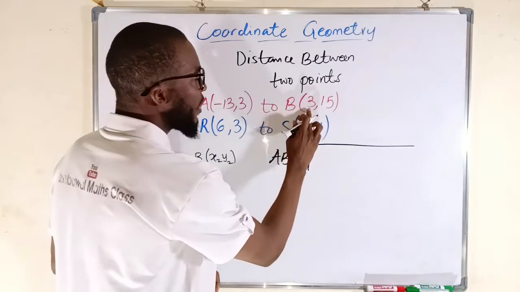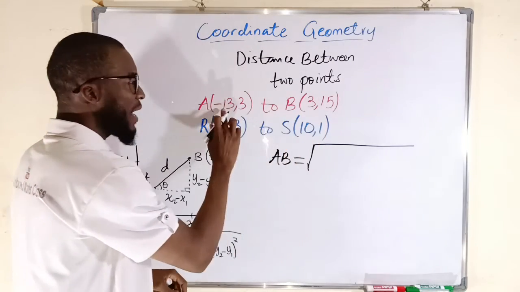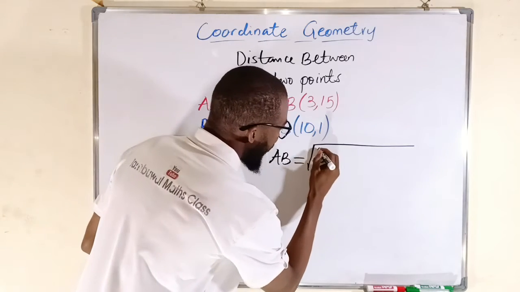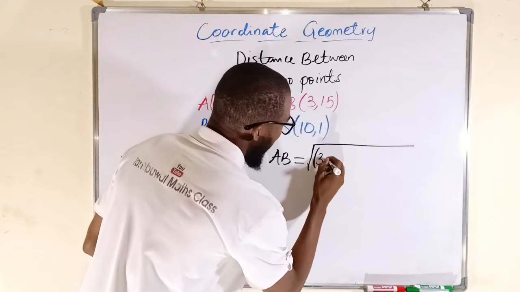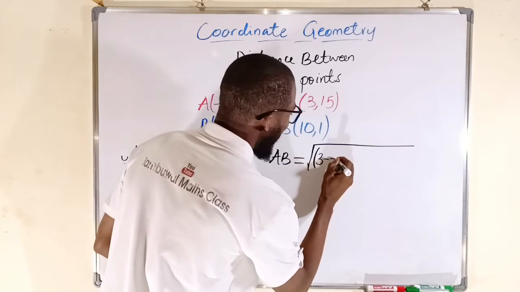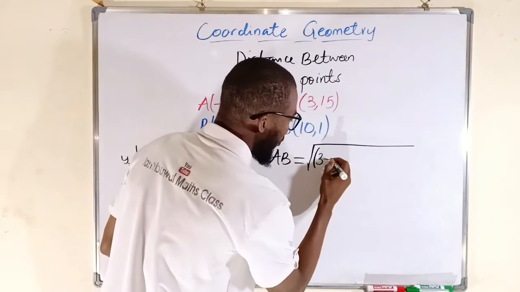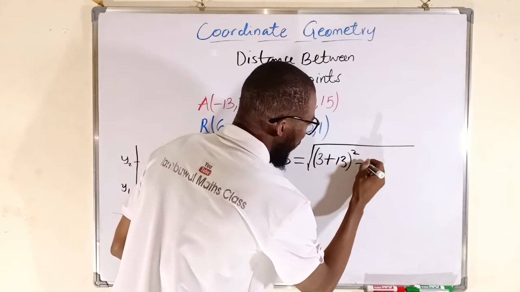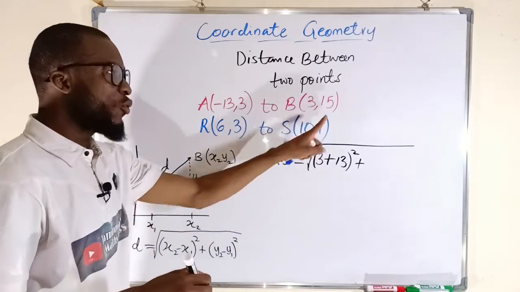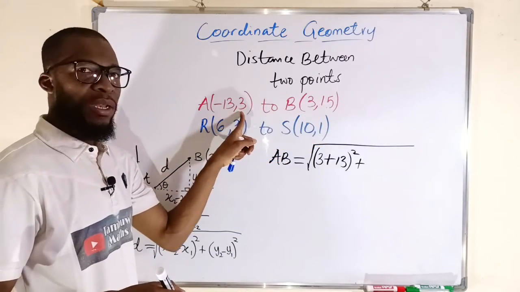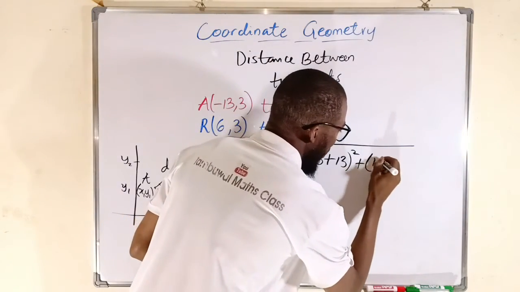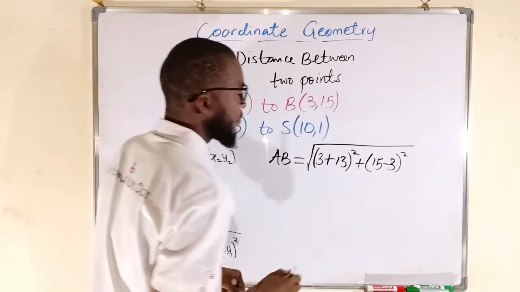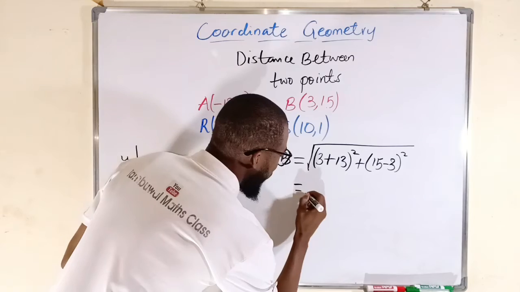If I call this one x2, we have x2, which is 3, minus, because this is also minus 13, it becomes positive 13, right? Whole squared, then plus the other one, y2 minus y1, that is 15 minus 3 whole squared.